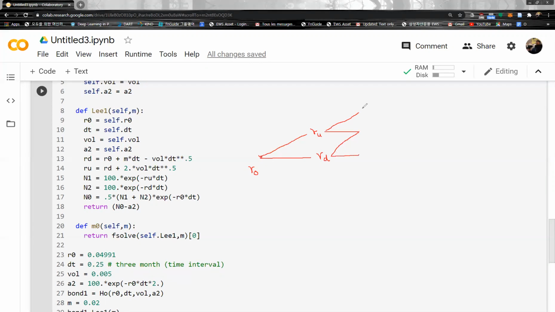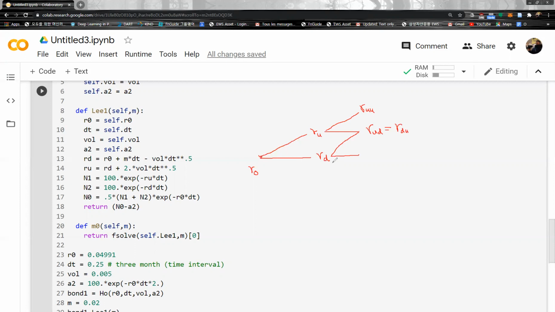So the interest rate goes up again, so it becomes RUU, and then interest goes up and down, then it is RUD. And then interest goes down and up, but they meet each other, so it is basically the same as RDU.